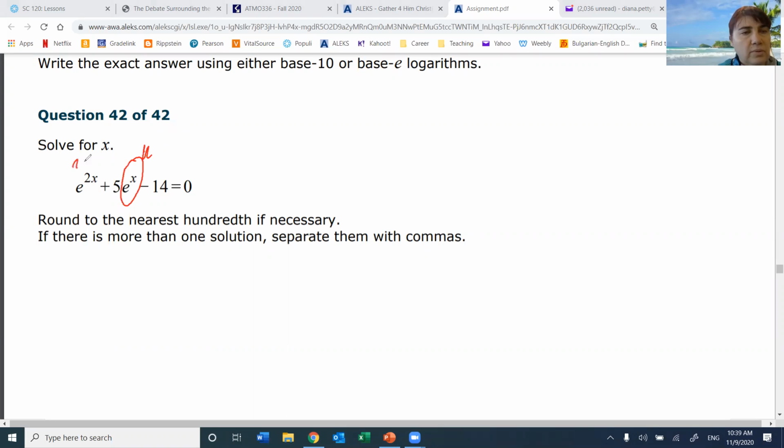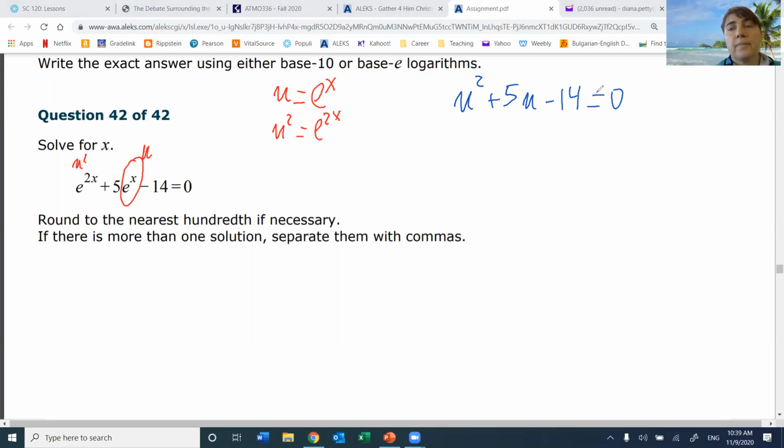So then the first one will be u squared. So once you do this, then let's do blue. It is going to be u squared plus 5u minus 14 equals 0. Okay. Does it factor? Oh, it does factor. Oh, how beautiful.